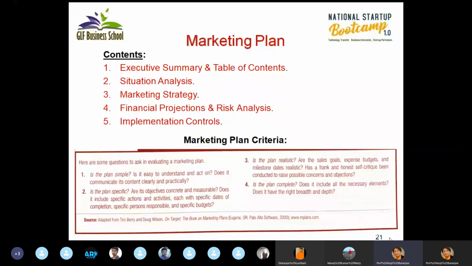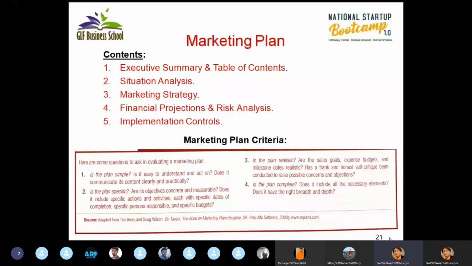A good marketing plan should cover situational analysis, marketing strategy, financial projections, and also the risk analysis. And after that, there should be a control mechanism linked with the implementation of your project.